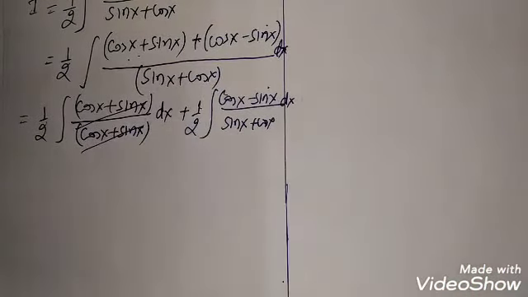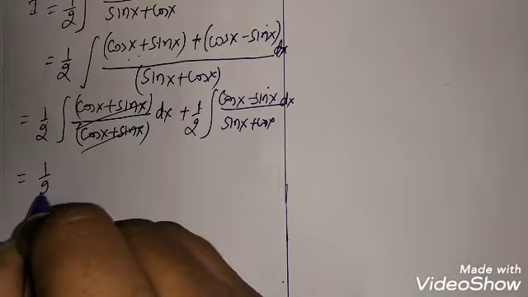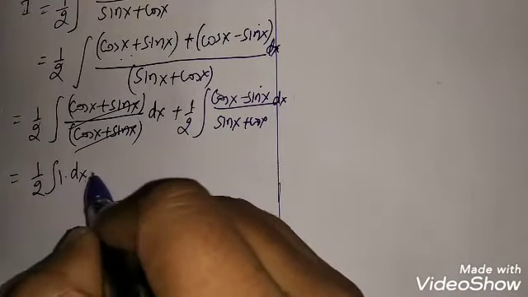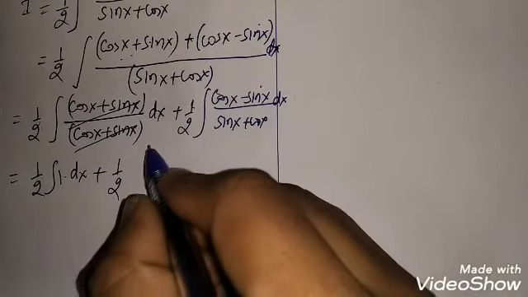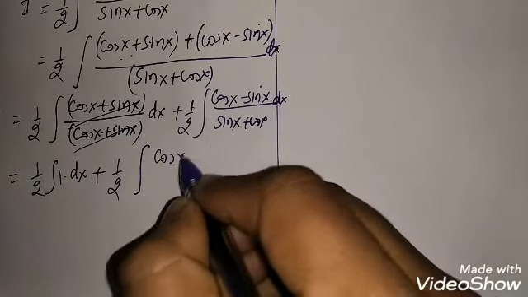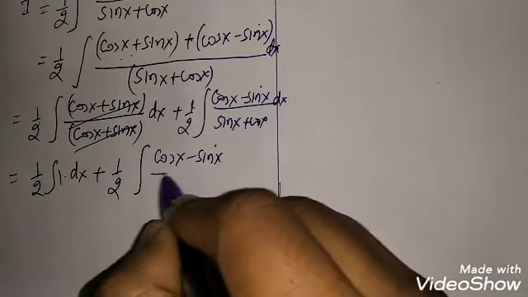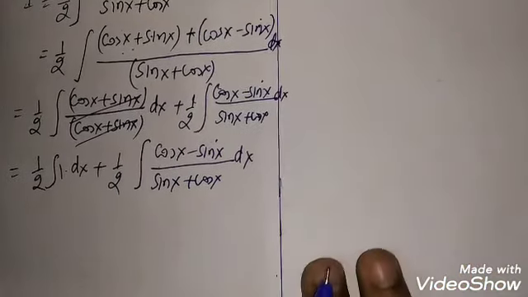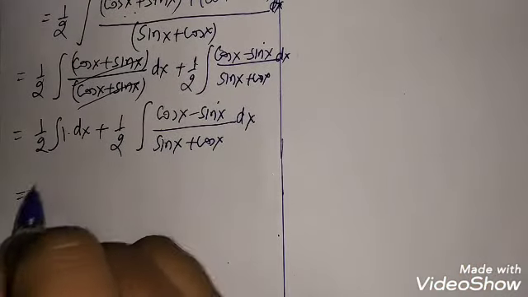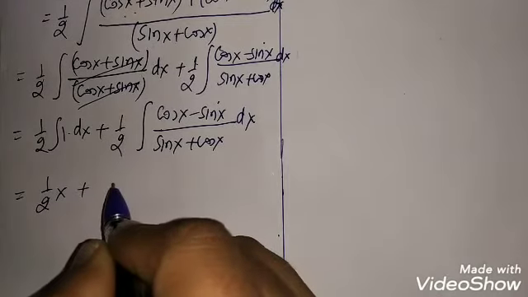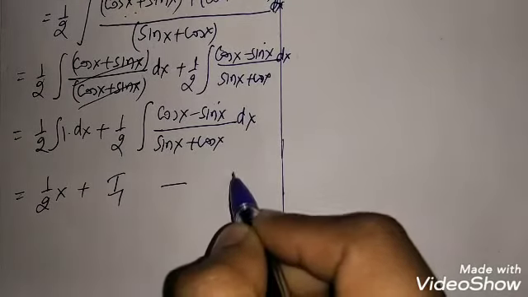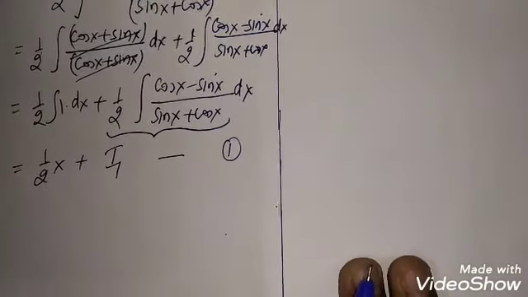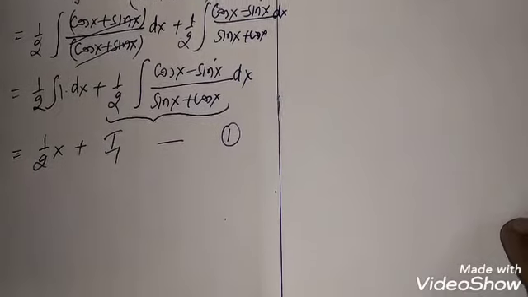This cancels, so this is 1 by 2 integration of 1 dx, plus the integration of cos x minus sin x upon sin x plus cos x dx. So this is x by 2 plus I1, equation number 1. I am taking the whole thing to be I1.